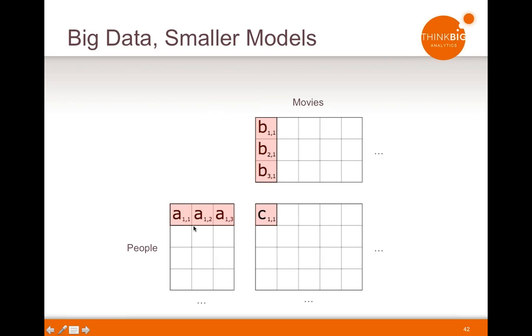You only have to deal with 3 dimensions, or in the case we gave, 100 dimensions, rather than a million dimensions. So the computation is much faster and the space required is much smaller, but if you multiply this model of people times the model of movies, you get your original matrix, your original data set back.